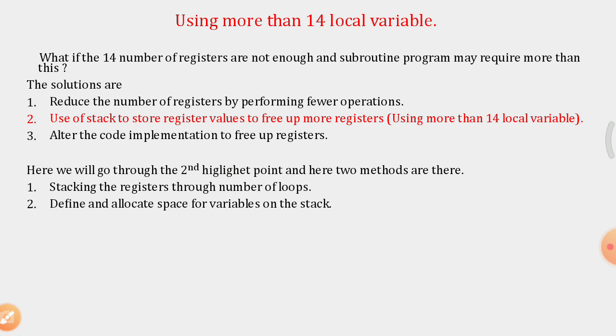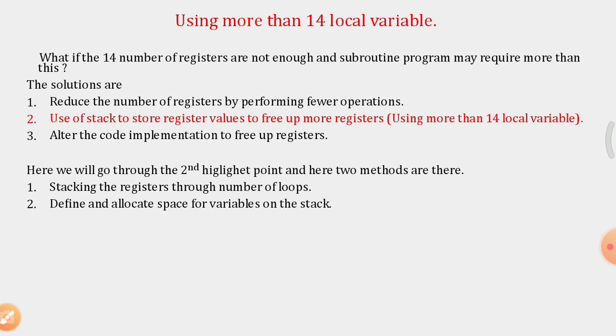The second method is using more than 14 local variables. We have only 14 local variables, that is R0 to R12 and R14, LR. Now, what if the 14 registers are not enough and a subroutine program requires more than this number?